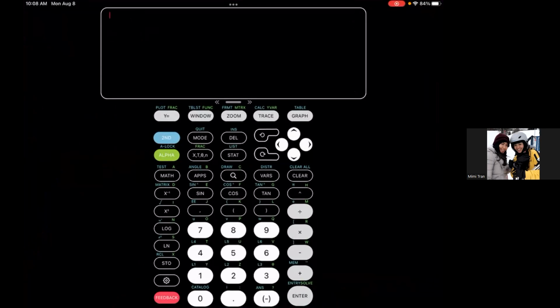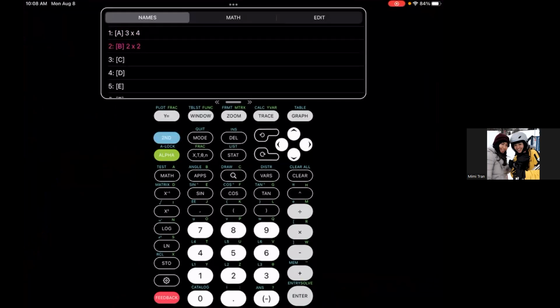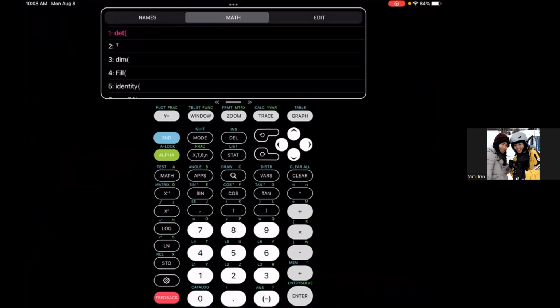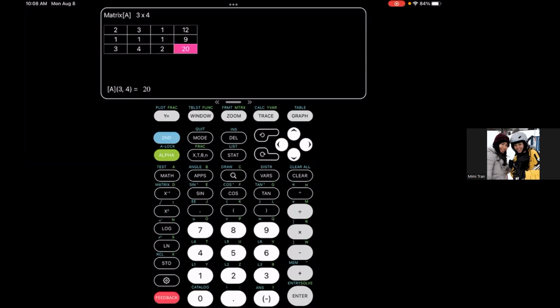All right, second matrix, and go to edit first, and I'll pick the first one, and it's 3 by 3. And then you enter in the entries. So 2, negative 3, negative 1, negative 1, 3, 2, 5, 7, negative 2.